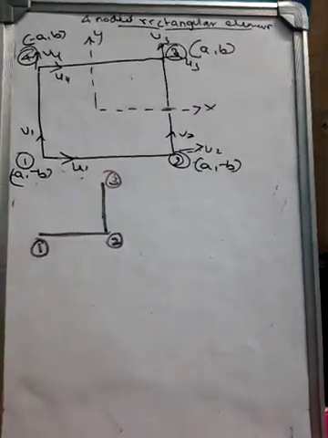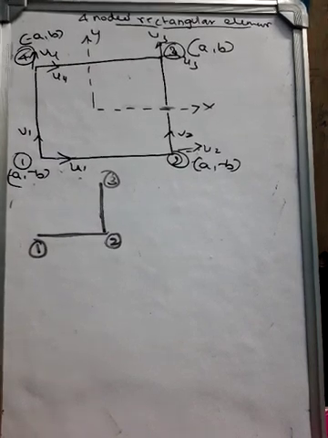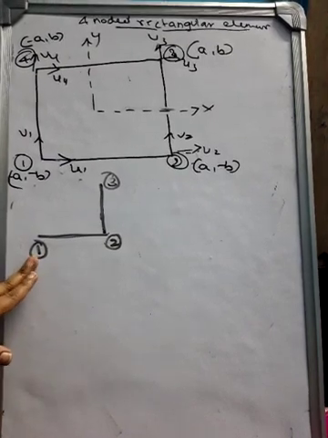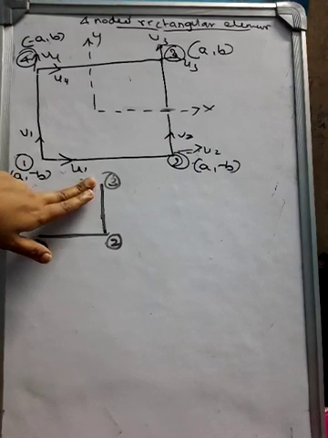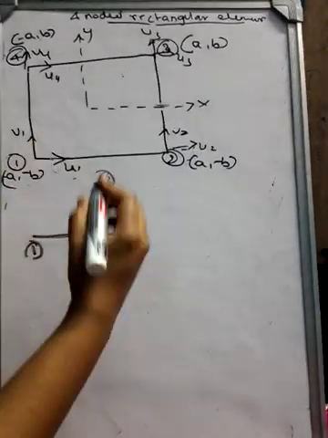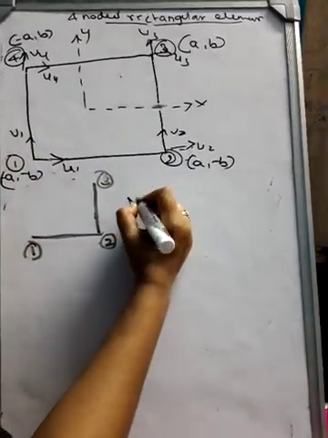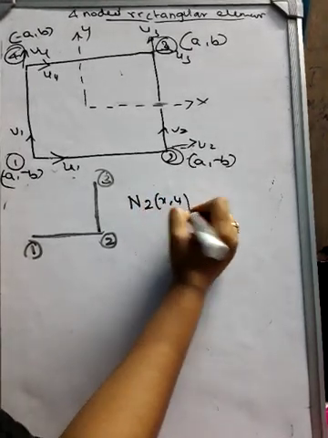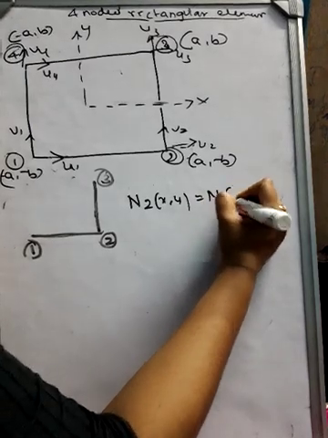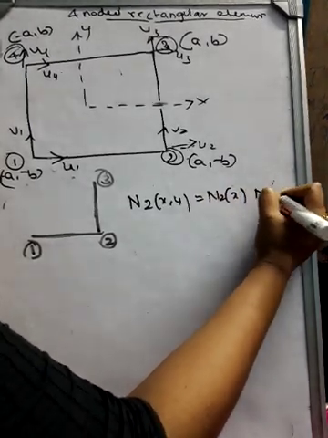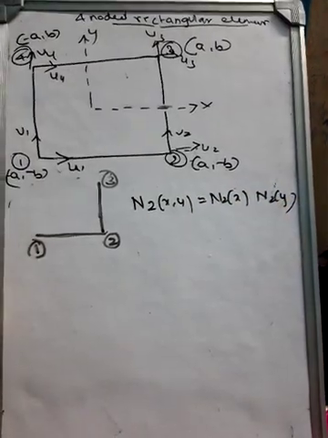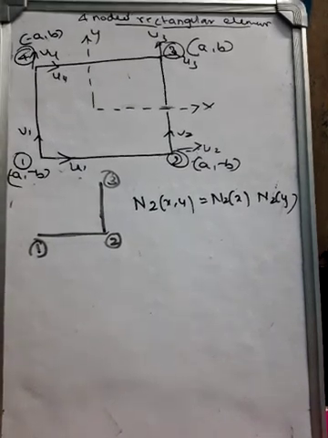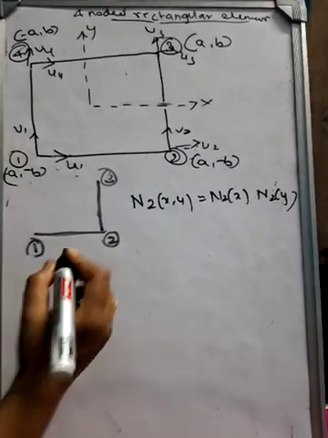That means the second node is connected to the first in the x direction and in the y direction it is connected to 3. Anyhow, we know the equation, so let us write the equation directly.